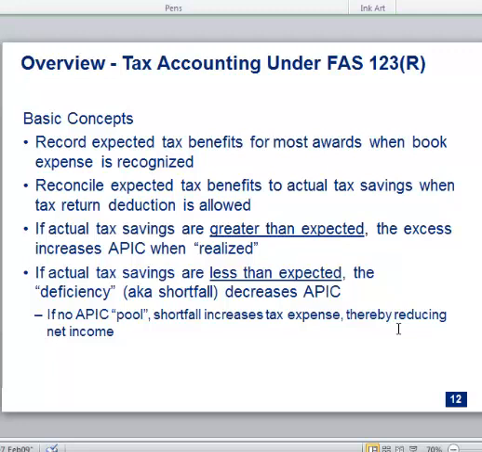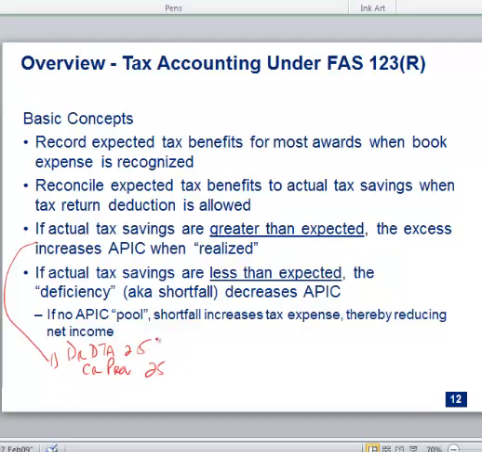If the tax savings are greater, let's say that the stock goes from 25 to 26. You only set up a DTA for 25, but when the deduction for 26 comes, you've got to figure out how to book a journal entry, right? Okay, so let's take this guy right here. On day 1, you debited DTA for 25, you credited provision for 25.